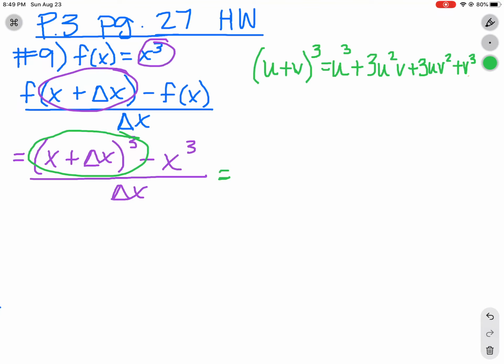And then you know that, hey, x is my u term, and then delta x, remember guys, delta x is one term. We're going to treat it as a package deal, not delta and then x. It's a package deal here.